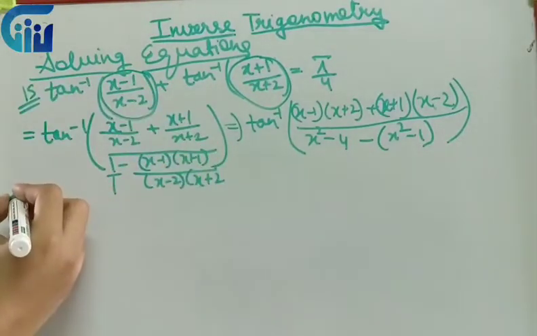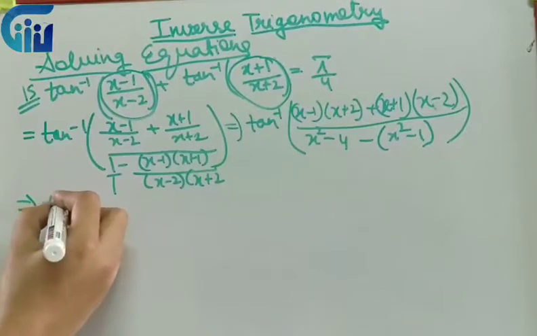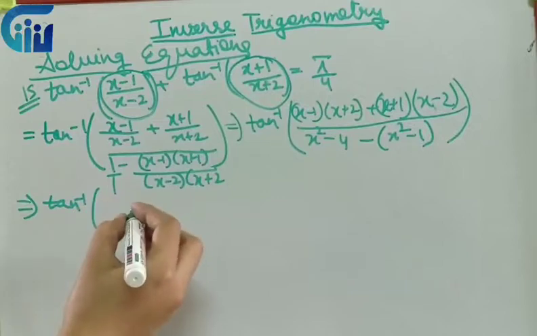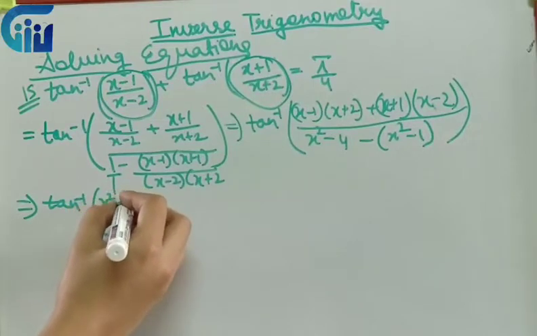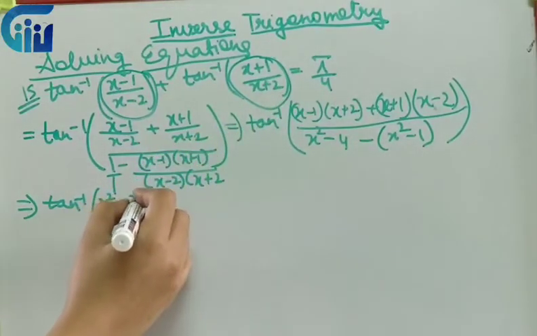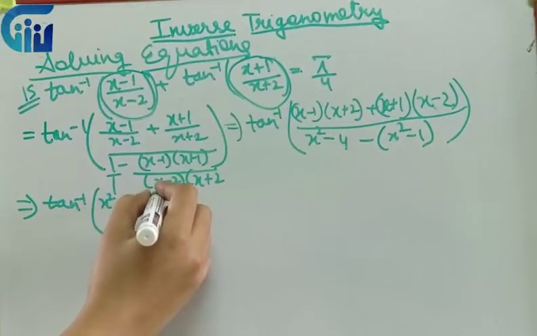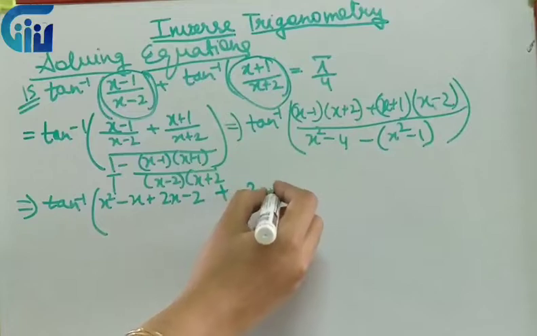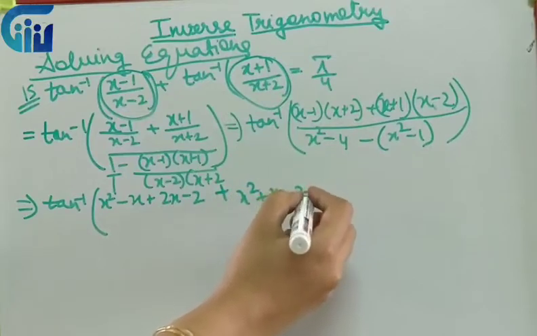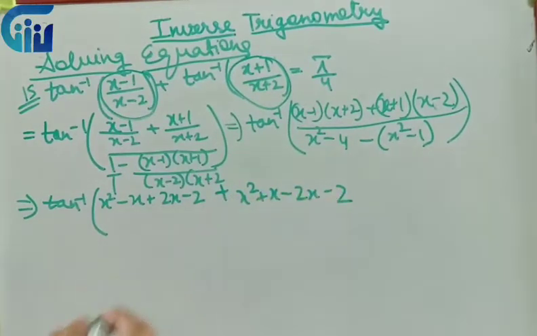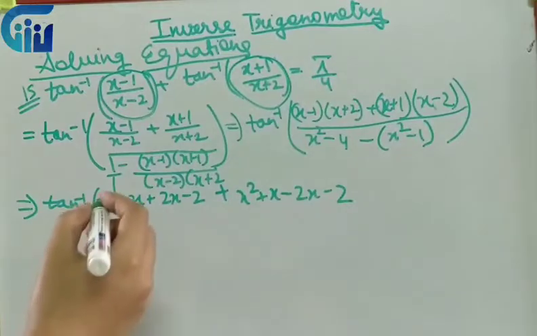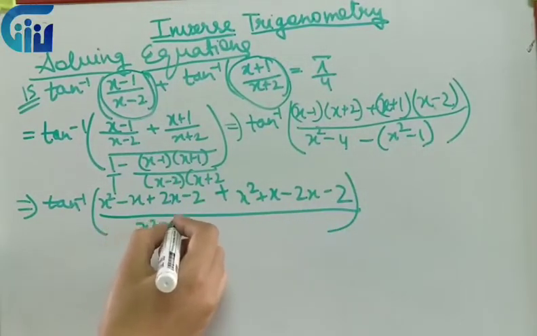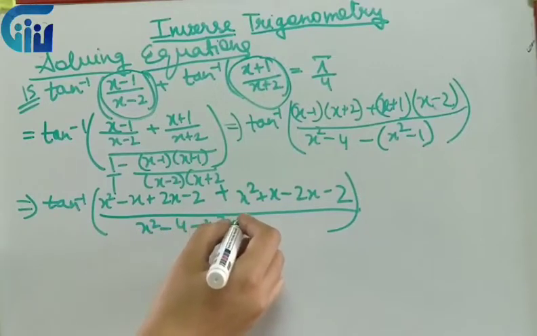Now if I solve it further, what will I get? It will be tan inverse of x square minus x plus 2x minus 2 plus x square plus x minus 2x minus 2, and in the denominator, x square minus 4 minus x square plus 1.